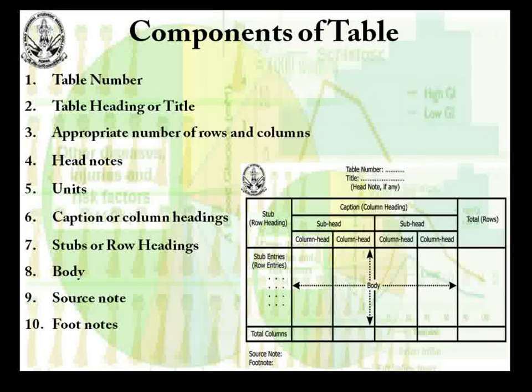This details the source of data, especially when secondary data are used. Then footnotes. They explain specific features of the table which are not self-explanatory and have not been explained earlier, for example, points of exceptions, if any.